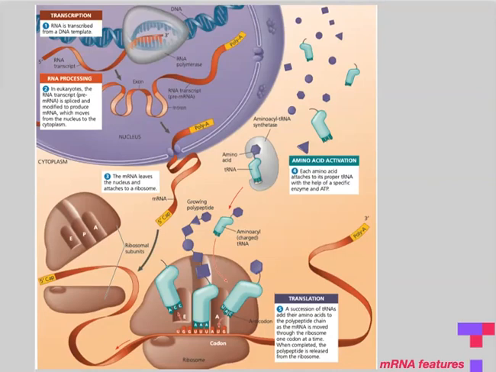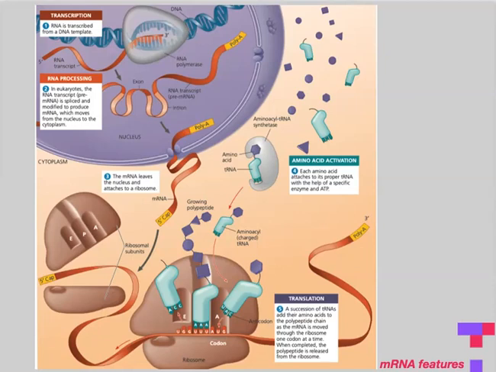We also have ribosomal RNA or rRNA. Along with proteins, these rRNA form the ribosome. The ribosome consists of two subunits, one large subunit and one small subunit that combine to form the functional ribosome. Ribosomes are the site of protein synthesis.